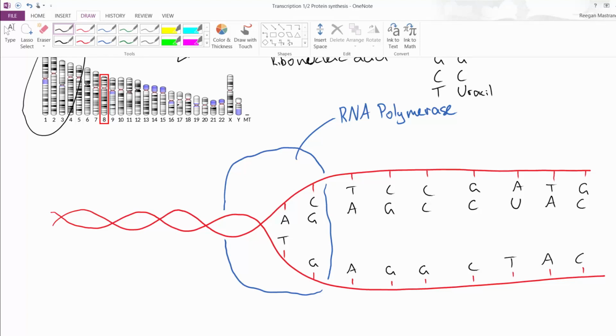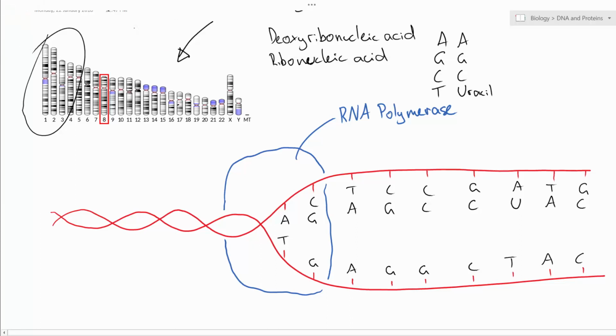So once the RNA polymerase has lined up RNA nucleotides, so these are nucleotides, but they're RNA nucleotides, then it's going to join them together, and what we've now seen created is this strand of mRNA. So not only do we have RNA being different to DNA, but we have different types of RNA.